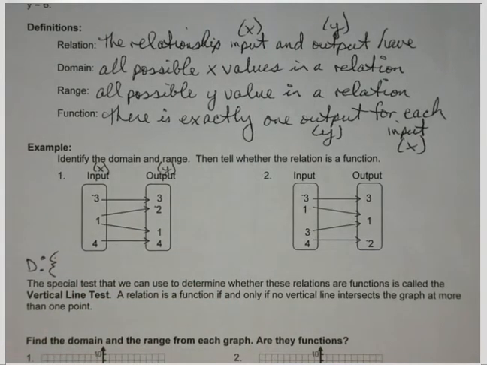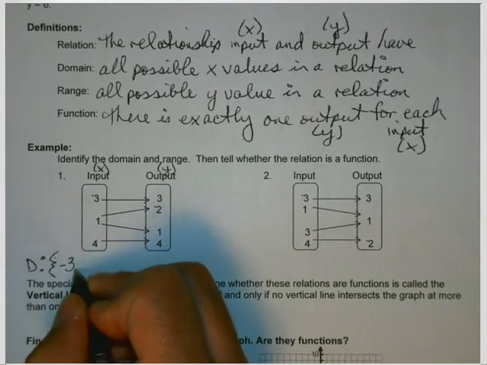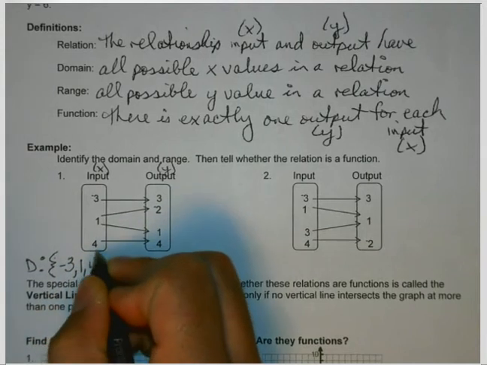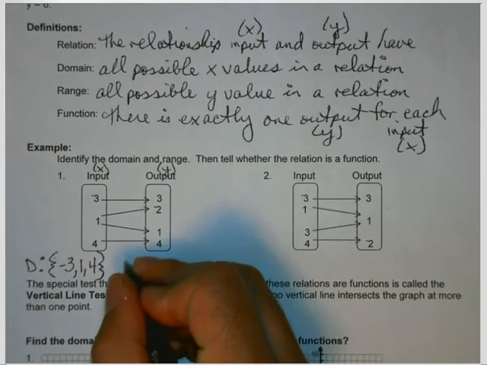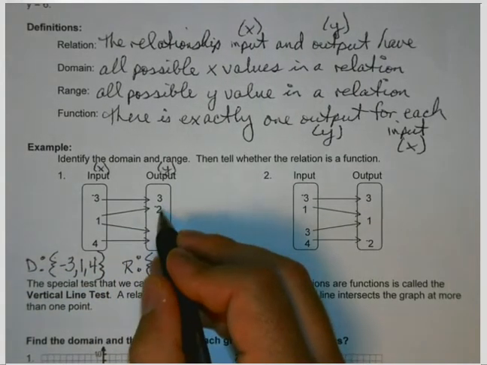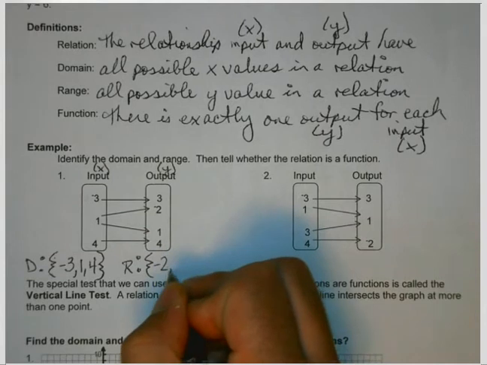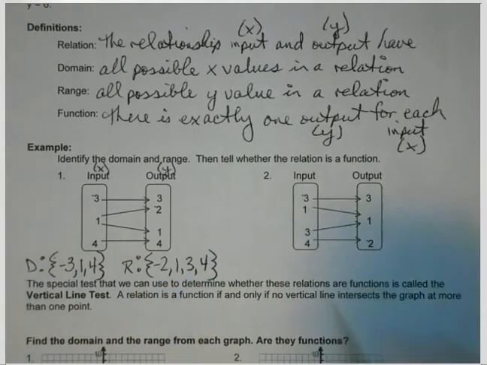So we get our brace working, and we list the x values from least to greatest. Okay? For range, we do the same for our y values. And again, order them, please, from least to greatest. Because mathematically, it's just a thing to do.